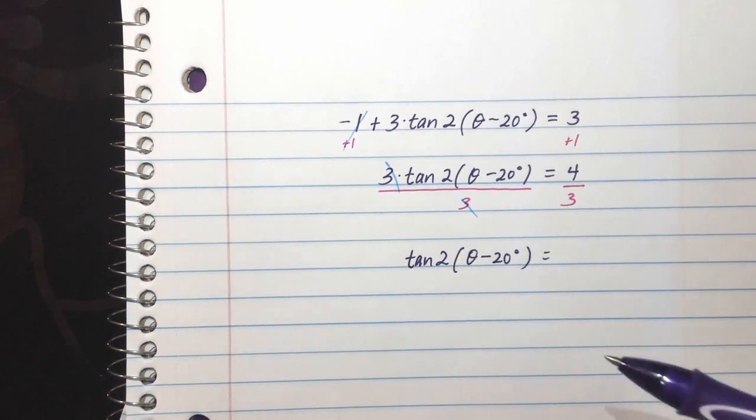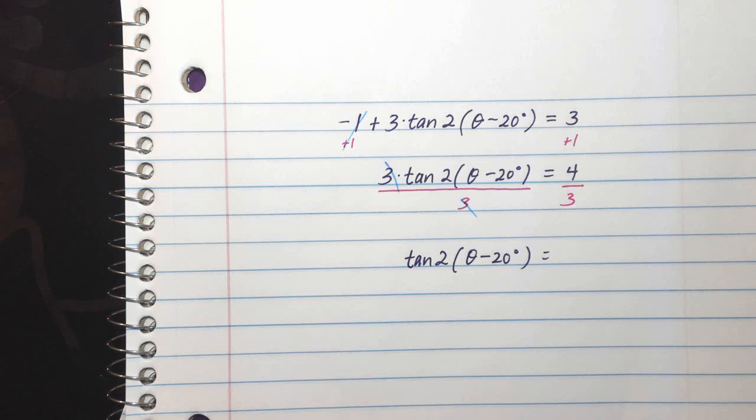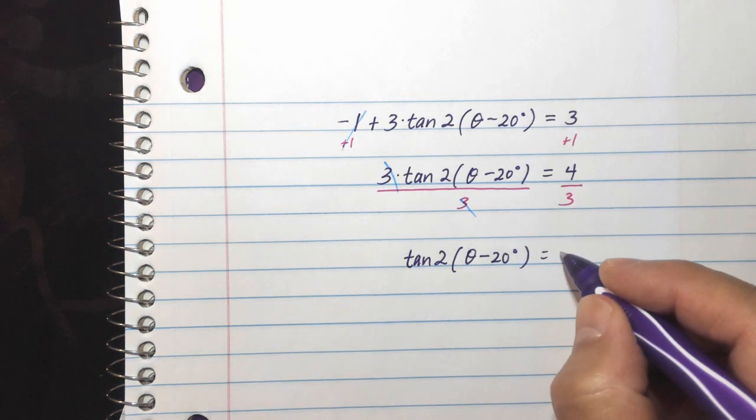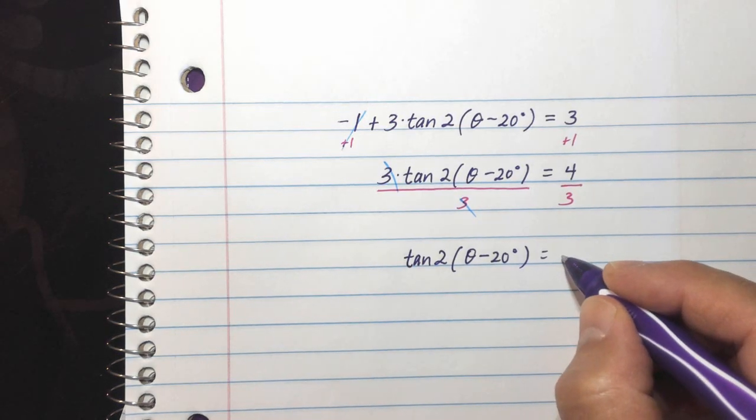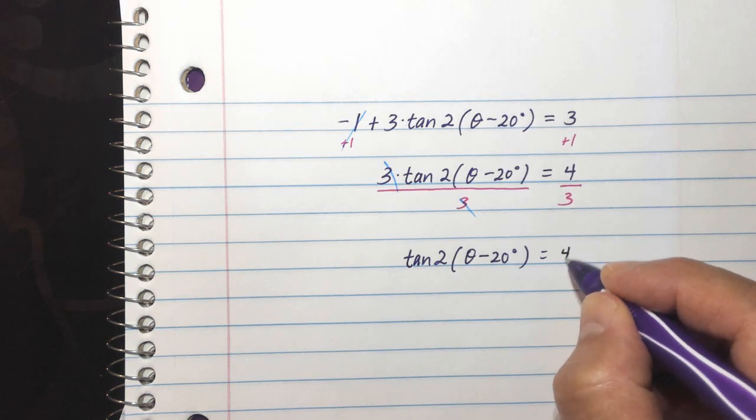I would leave it as a fraction. If you want to change it to a decimal, just make sure you write 1.333. 4 decimal places should be good enough. Okay, I'm going to leave it as a fraction.